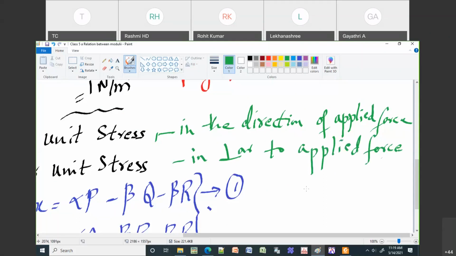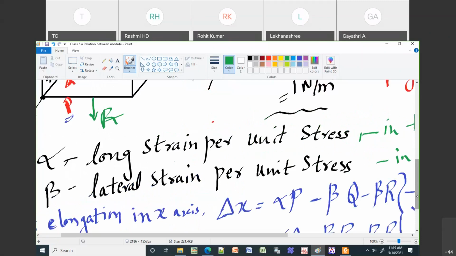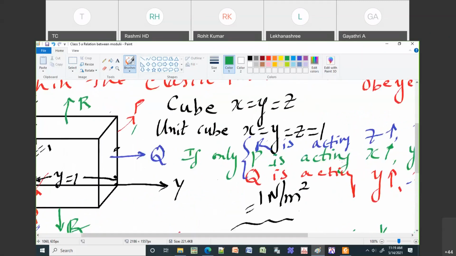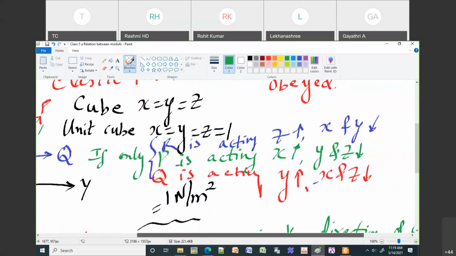Okay, so taking that into consideration, if only P is acting, then x is going to increase, and y and z are going to decrease. In the same way, if Q is acting in y axis, the length of y is going to increase, but the other two lengths, x and z, are going to decrease.